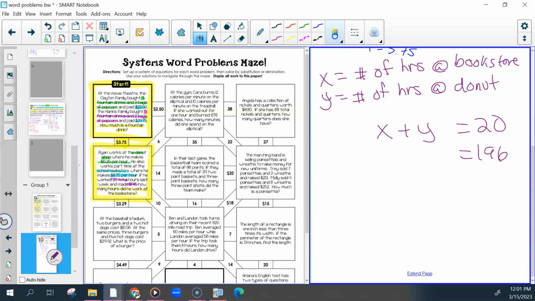And then the other one should be the easier one because it gives you all the numbers. How would we write that second one?